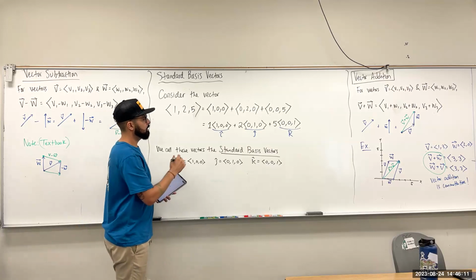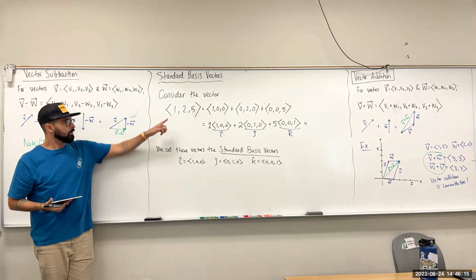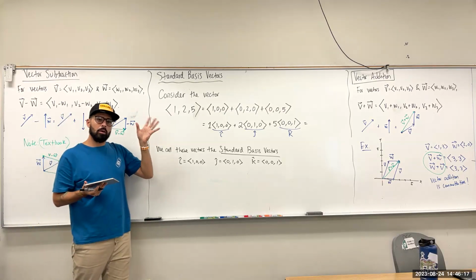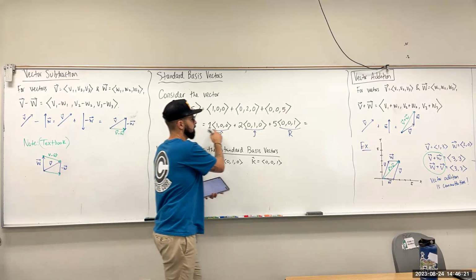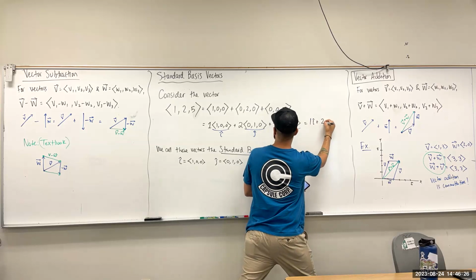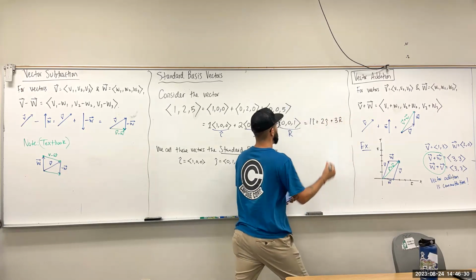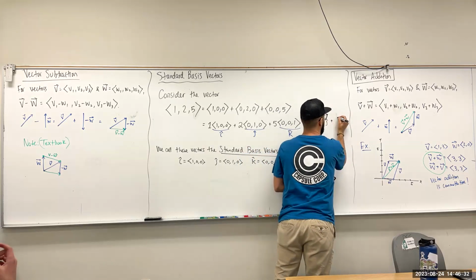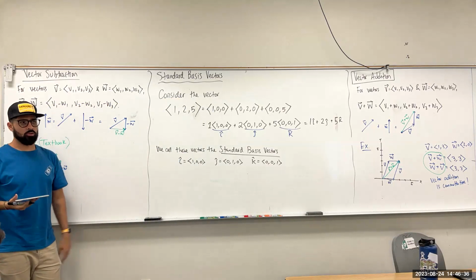And so that means that now this vector, I can kind of write it like a polynomial, meaning I can write this vector as 1 i hat plus 2 j hat plus 3 k hat. Oh, sorry, plus 5 k hat. It kind of looks polynomial-ish.